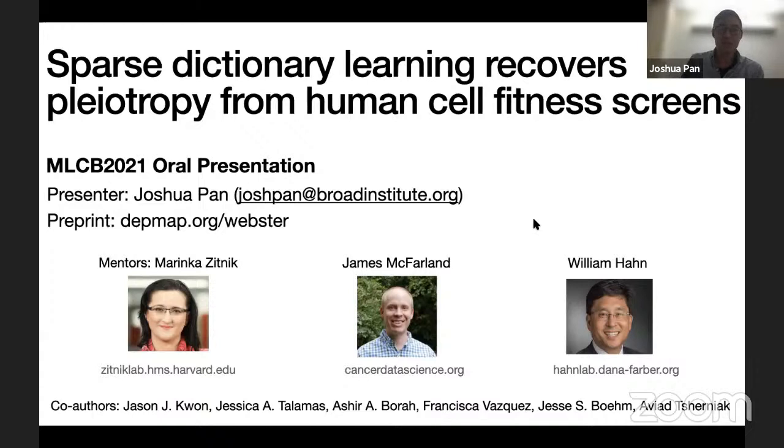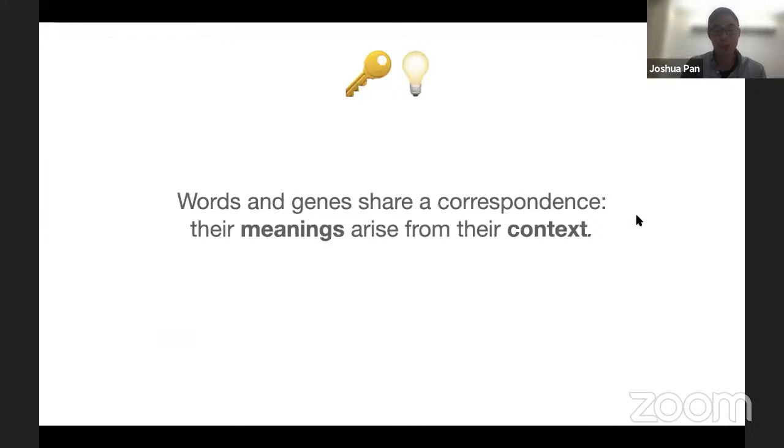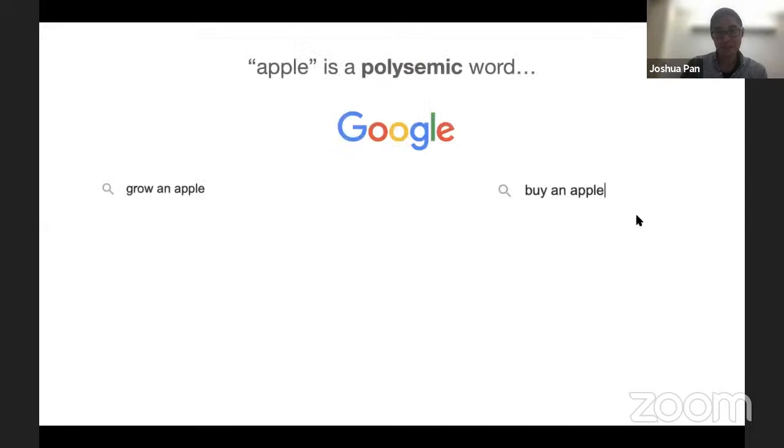This work was jointly supervised by Marinka Zitnik at Harvard Medical School, James McFarland at the Broad Institute, and William Hahn at Dana-Farber. The key idea of today's talk is that words and genes share a correspondence, which is that their meanings arise from their context.